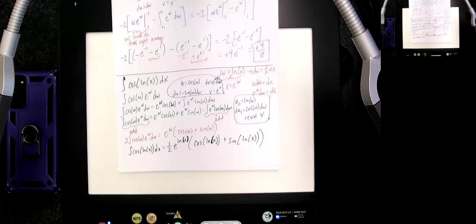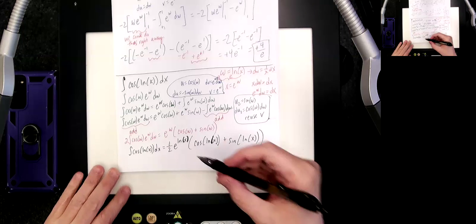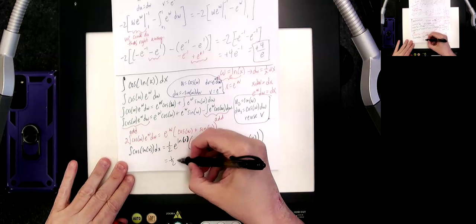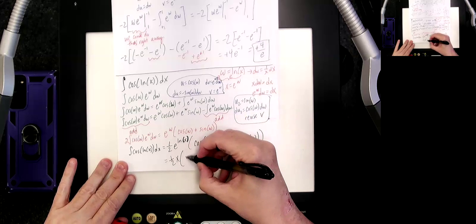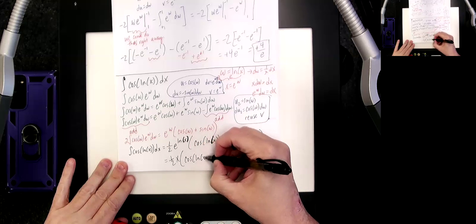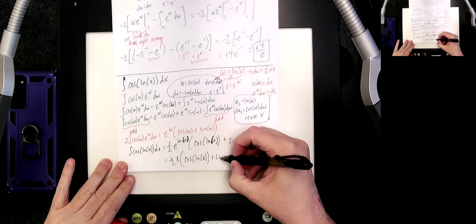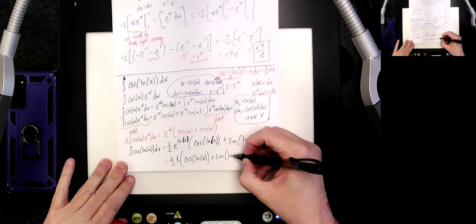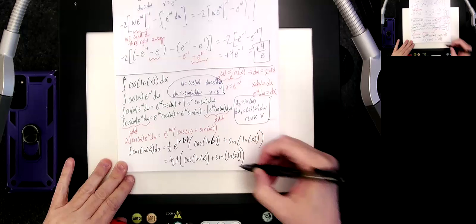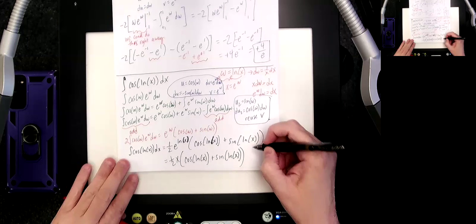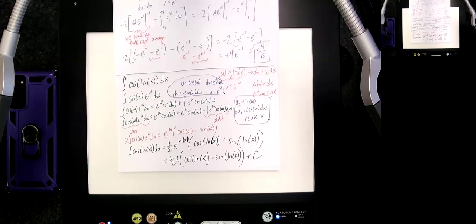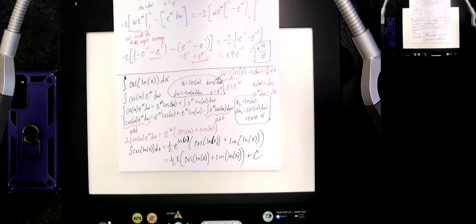What cleans up here? Yeah, e to the ln of x just becomes x. Plus c. We did not have limits here, so we have to have our constant of integration.